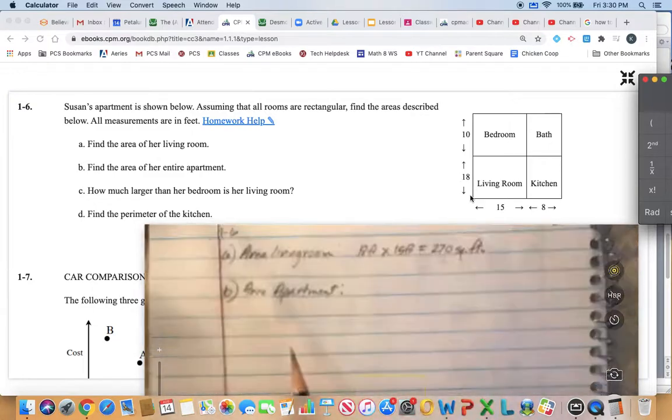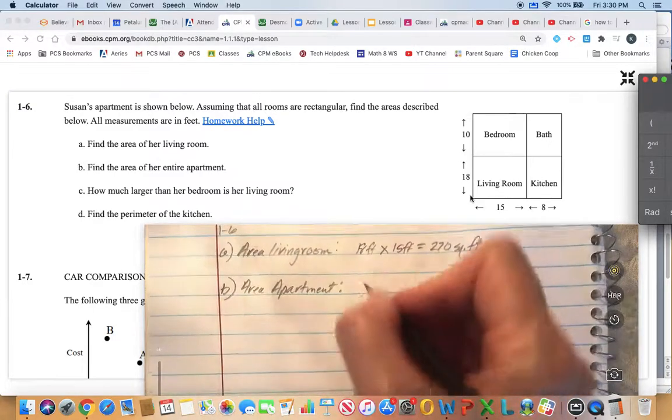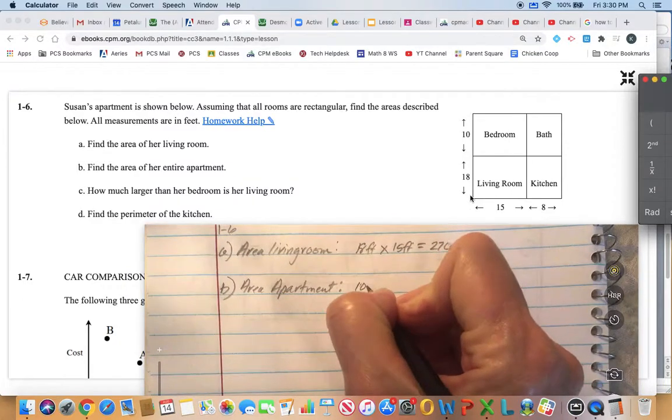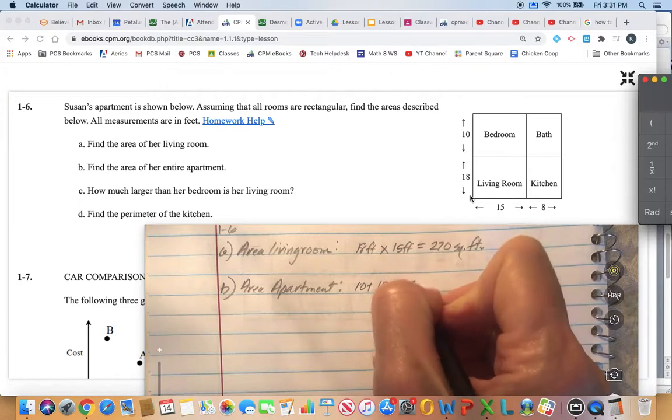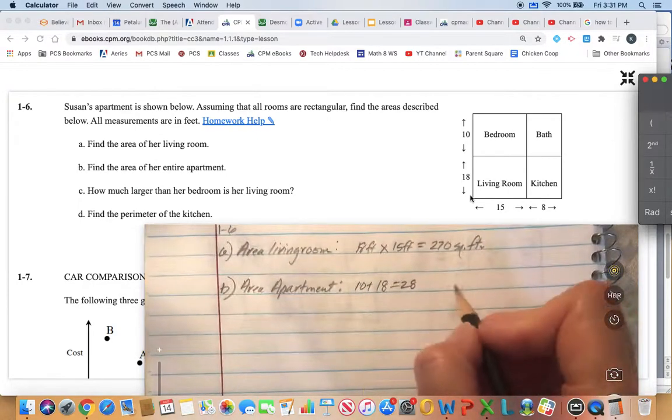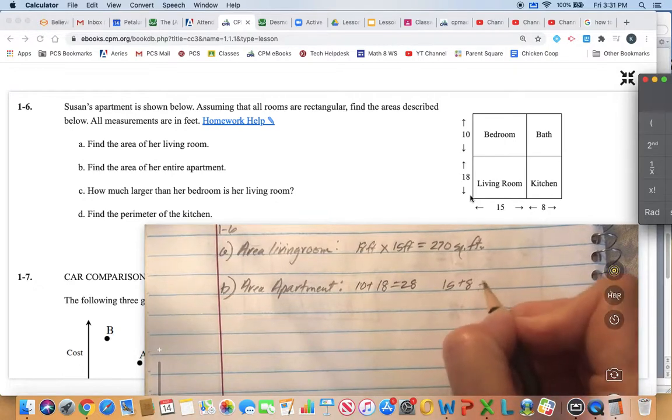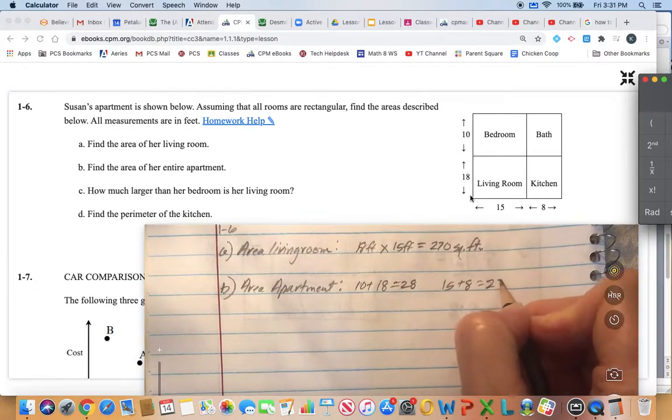And we're looking at a dimension now where we have to add together 10 plus 18, so that's 28. And then we have to add together 15 plus 8 to get 23.